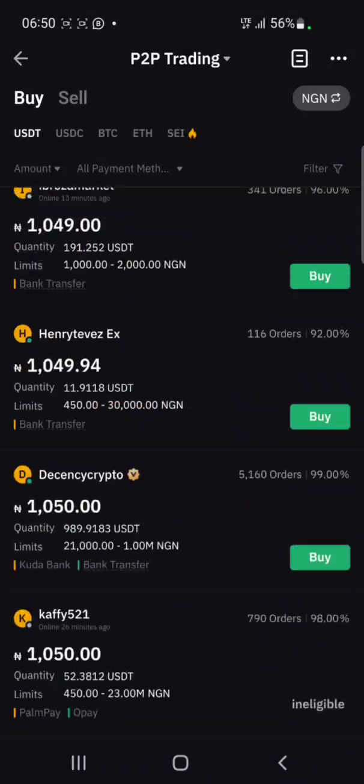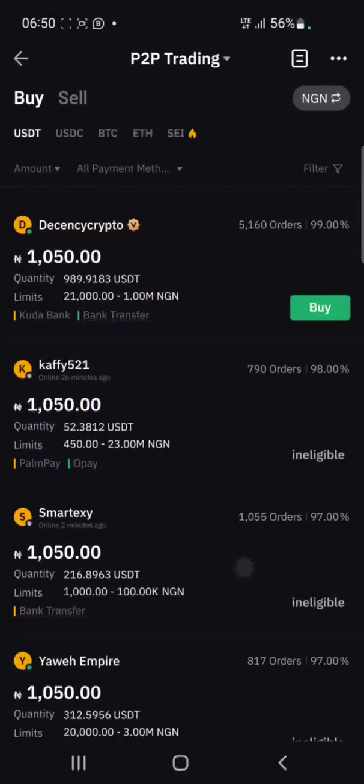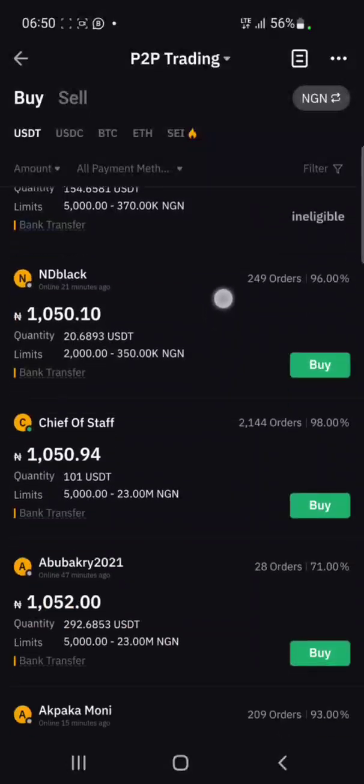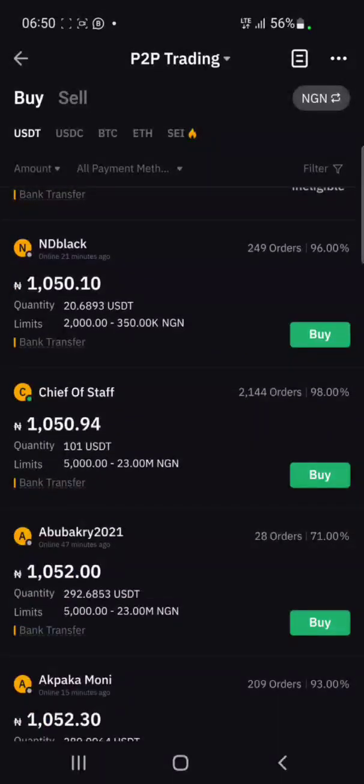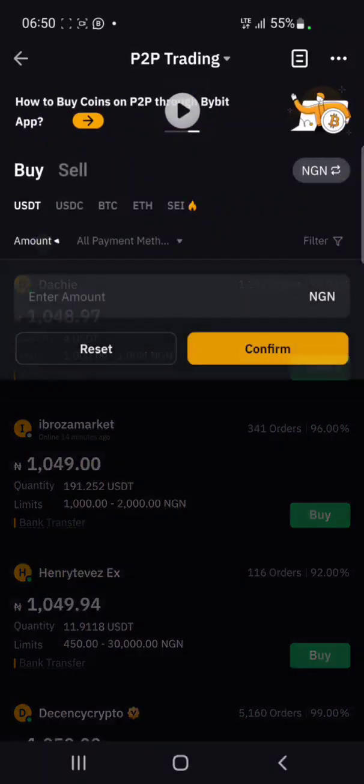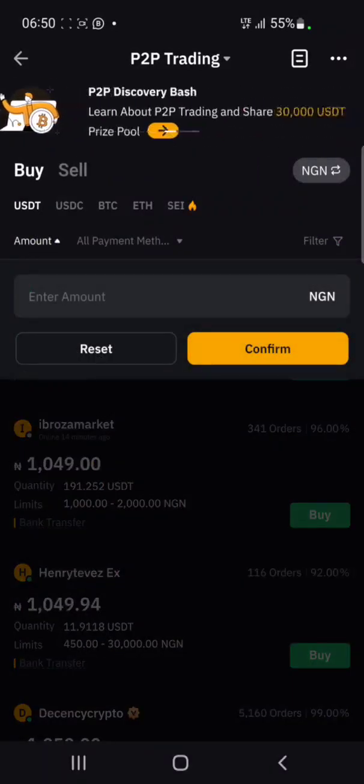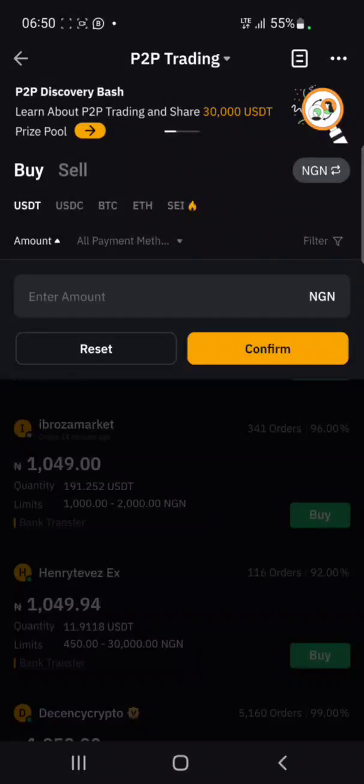Now just make sure that you know that all these people have their limits. They have the range of cryptocurrency they sell. Some don't sell $50, so you can search. This is in Nigeria currency. You can change your currency anywhere.